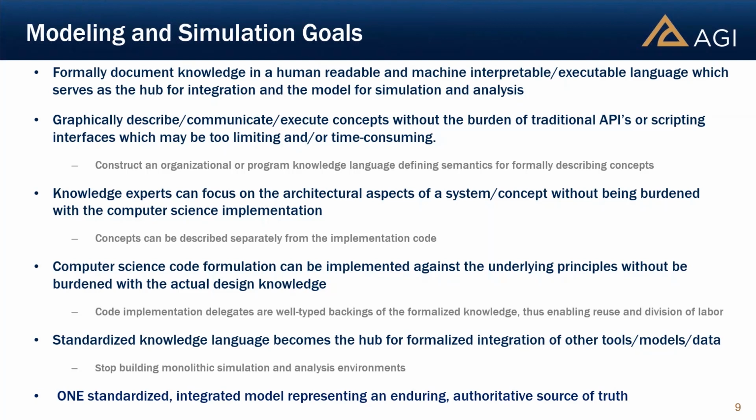But then I have others that are interested in, well, how do I formulate the computer science against these underlying principles that are not going to change? Again, I'm forming an environment where my knowledge experts can describe things utilizing these CS nuggets that exist to more formally describe something, but be able to execute them.